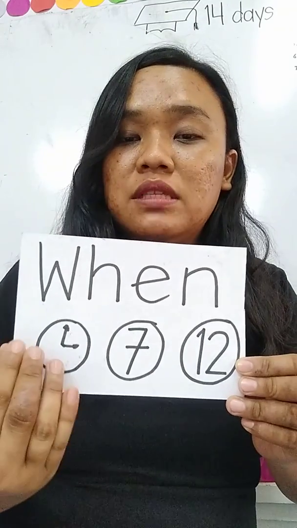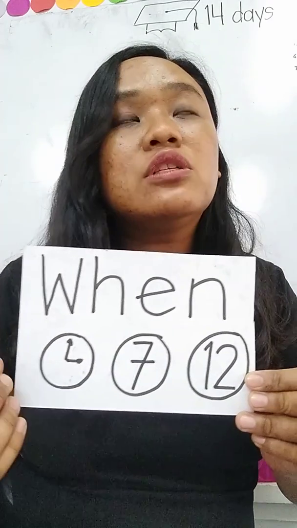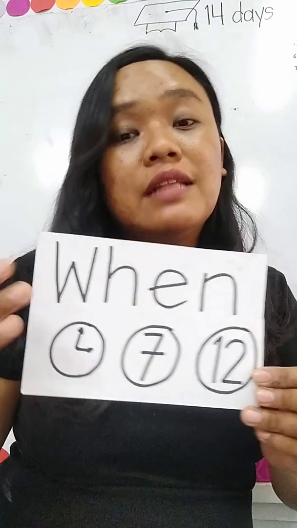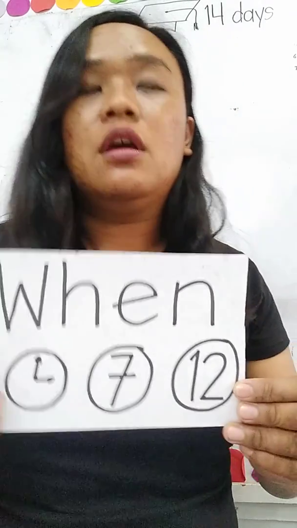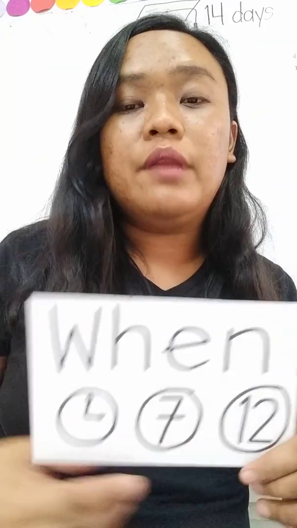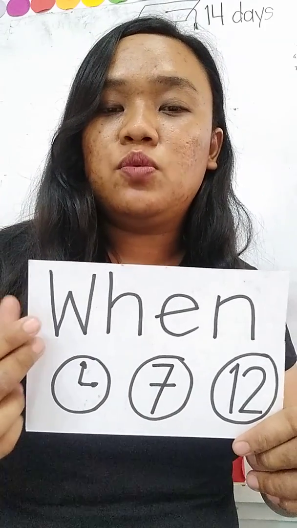So it's talking about time, days, or months. Okay? It can also be events, because events also refer to time. So for example, when is your graduation? When will you become grade 1? When is your birthday? So those are some of the questions that we can use with the word when.